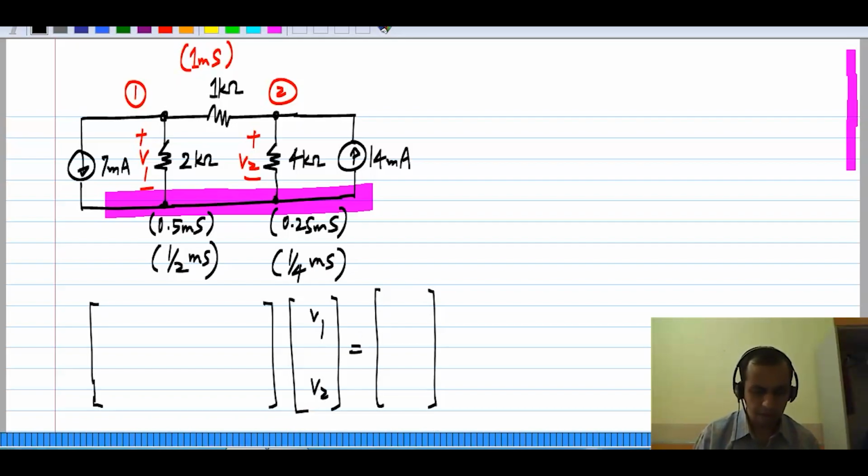Okay, so first of all, what is this entry? The very first entry here is the sum of conductances at node 1, which is 1 millisiemen plus half a millisiemen, which corresponds to 1.5 millisiemens. And this one, which corresponds to the conductance between node 1 and 2, is minus 1 millisiemens.